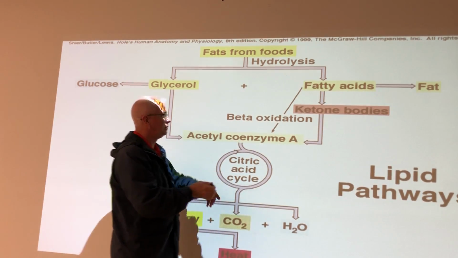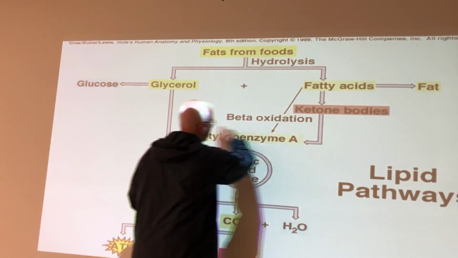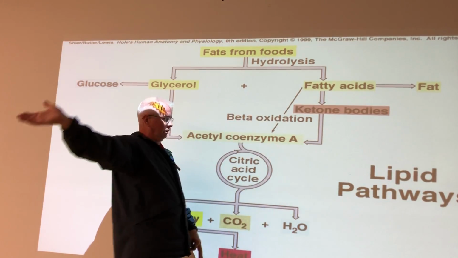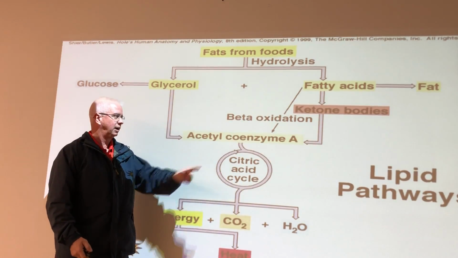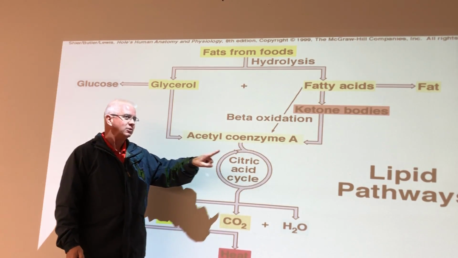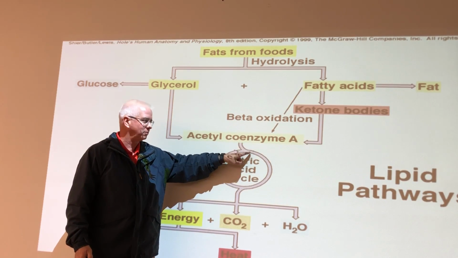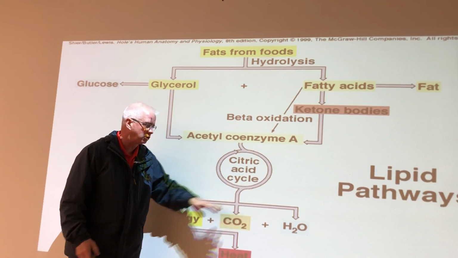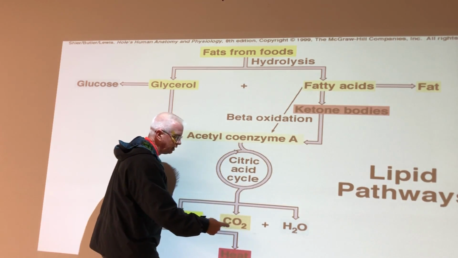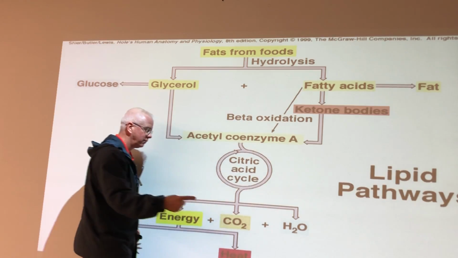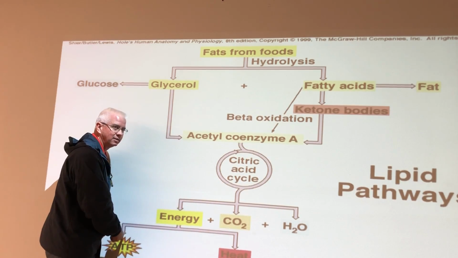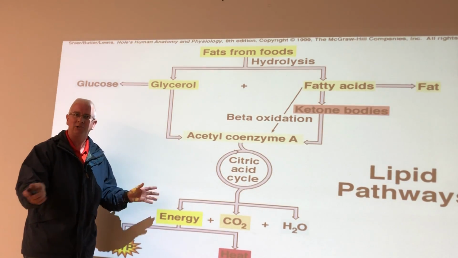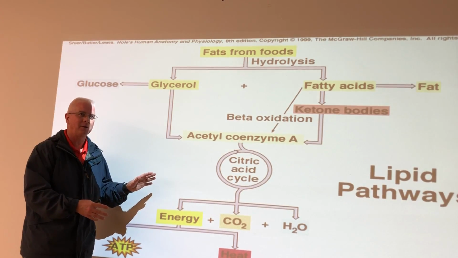If I had just lopped all this part off of the picture, and I said, look, students, acetyl-CoA joins with oxaloacetic acid and forms citric acid, and the citric acid cycle runs, and then the electron transport chain goes, and what we find is carbon dioxide is a product of those reactions, and lots of energy. You would have said, I got you, Wade. I heard you say that a minute ago.